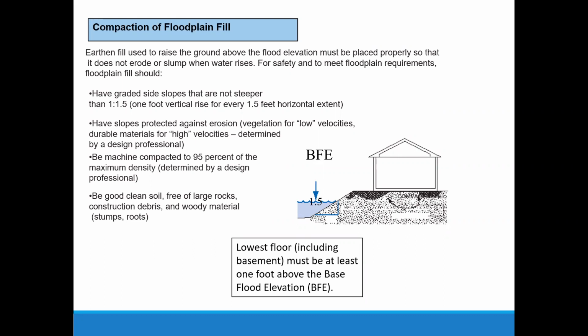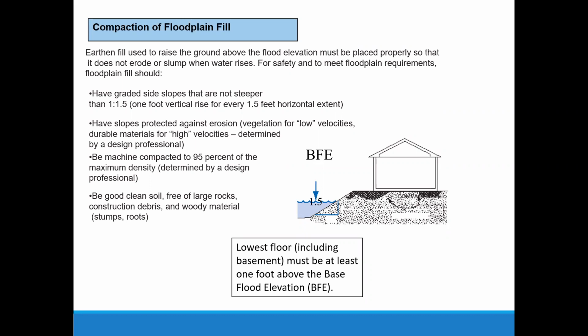To have safety and floodplain requirements met, we have it graded with sloped sides. It's a foot of vertical rise for every 1.5 feet of horizontal extent. That's the ratio that's required.